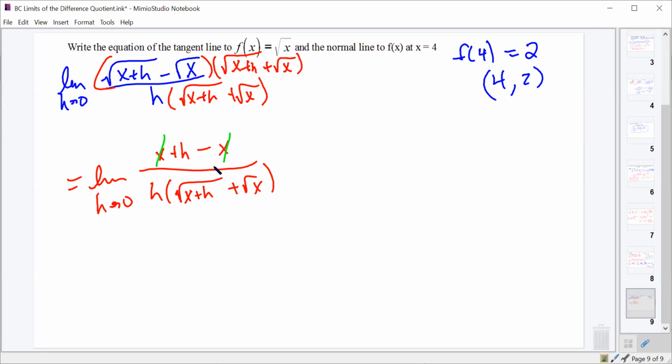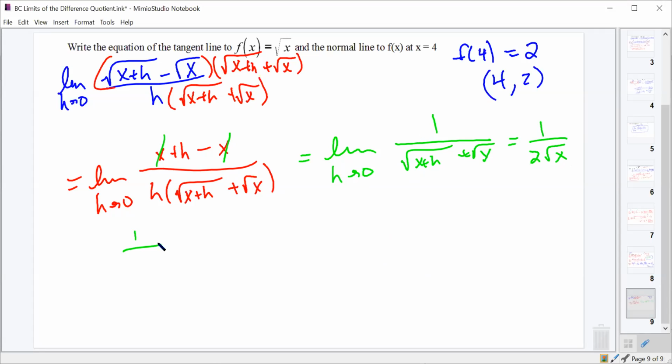X's cancel, h's cancel, and we've got the limit as h approaches 0 of 1 over root x plus h plus root x. As h goes to 0, that's just root x plus root x, or 1 over 2 root x, which we should know is the derivative of the square root of x.